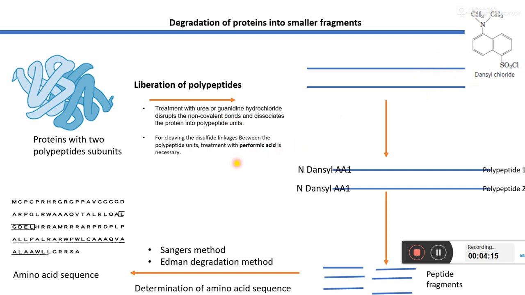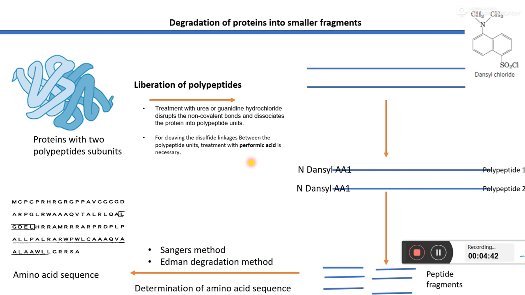For cleaving disulfide bonds, performic acid is generally necessary. So this is all about the first step in the degradation of proteins into smaller fragments, that is liberation of polypeptides by the use of urea or guanidinium hydrochloride, and by the use of performic acid.